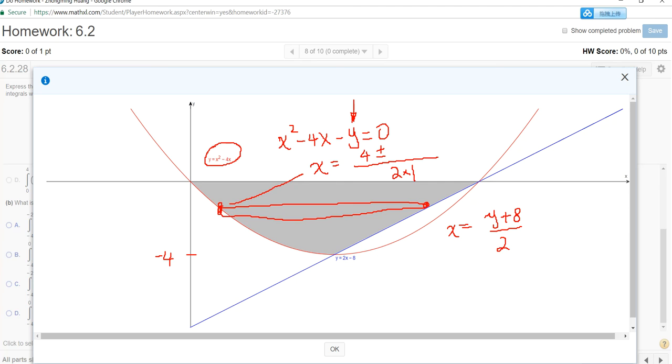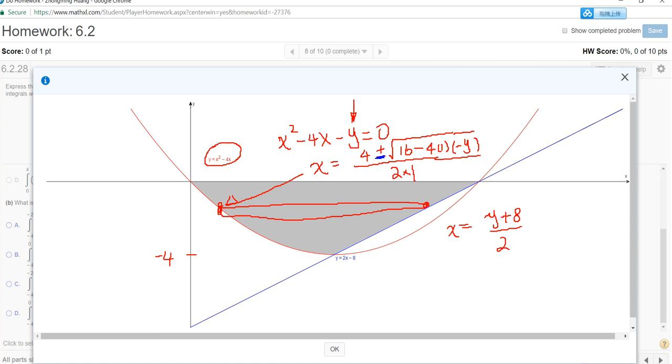For this left endpoint, I know it will be just the minus sign because this is the left branch. So here it will be the square root of b squared, which is negative 4 squared, 16, minus 4 times a, which is 1, times the c, which is negative y, right?